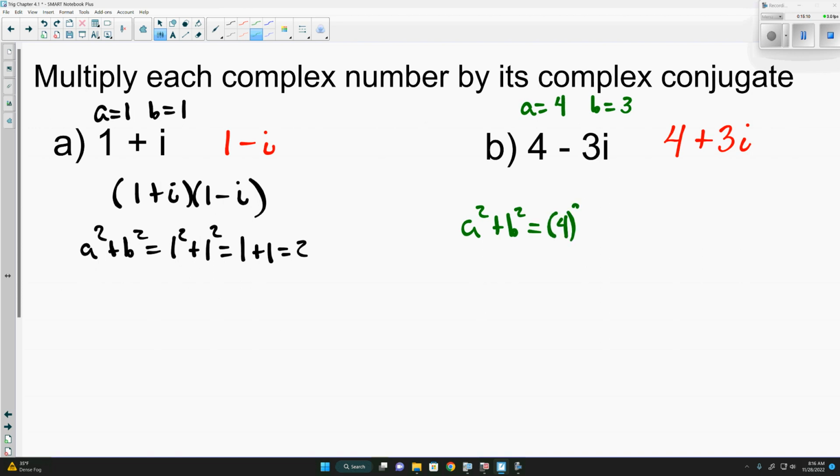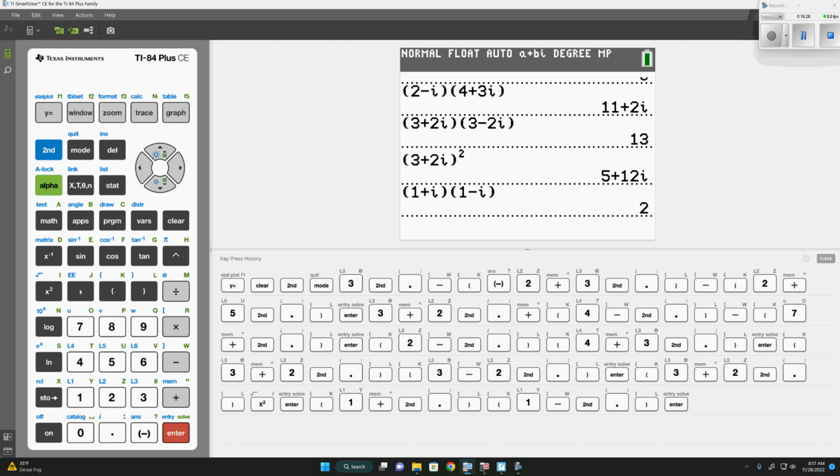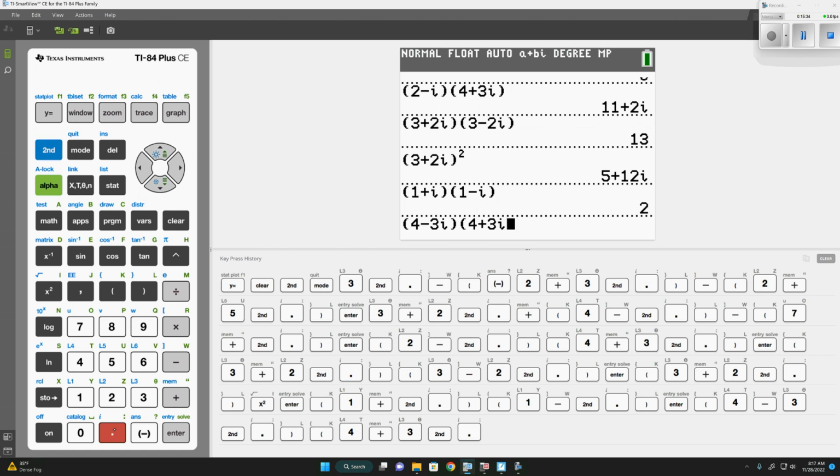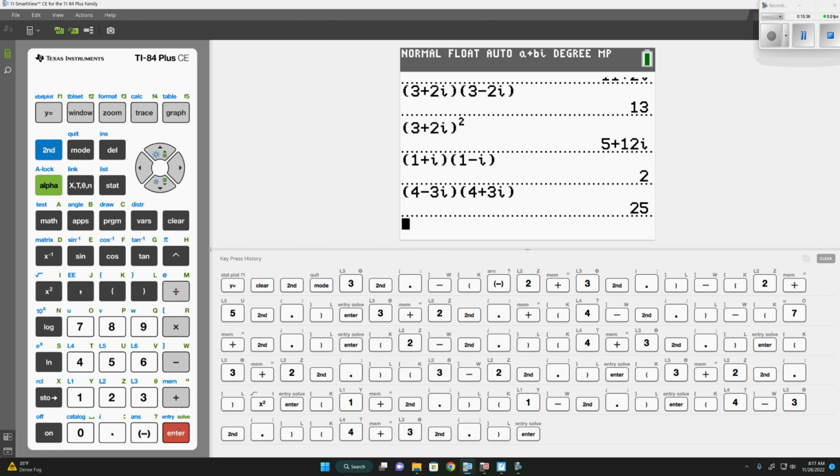So we have 4 squared plus 3 squared. Well, 4 squared is 16. 3 squared is 9. So their product should be 25. So we say 4 minus 3i times 4 plus 3i. And we get 25.